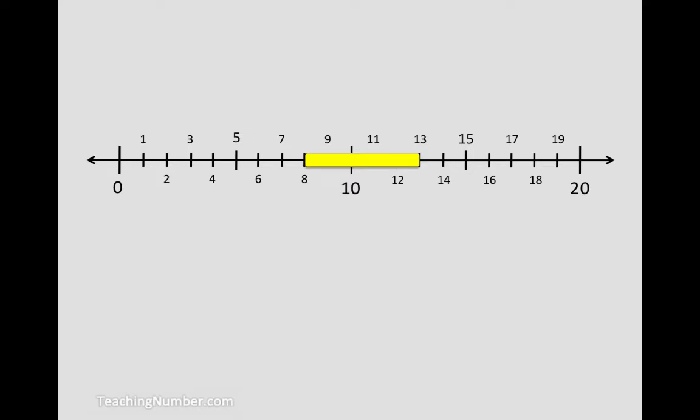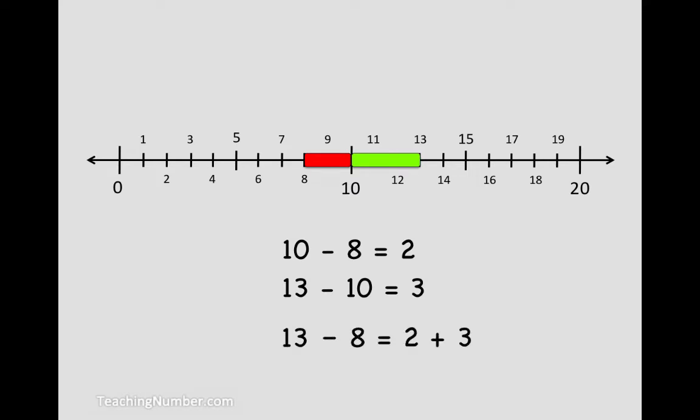If we start at 8, how much more do we need to make 10? We need 2. And 13 means 10 and 3, so to get from 10 to 13, I automatically know that I need 3. So the distance from 8 to 13 equals 2 plus 3, which is 5.